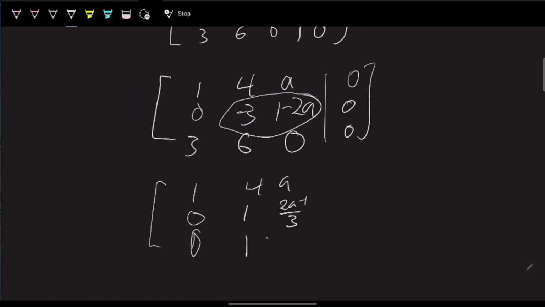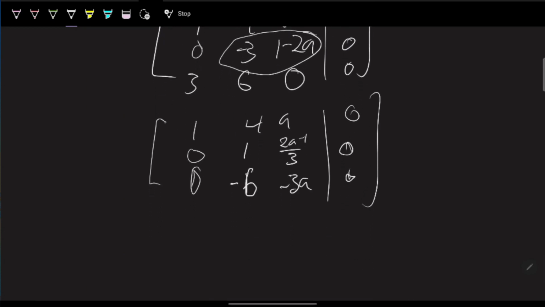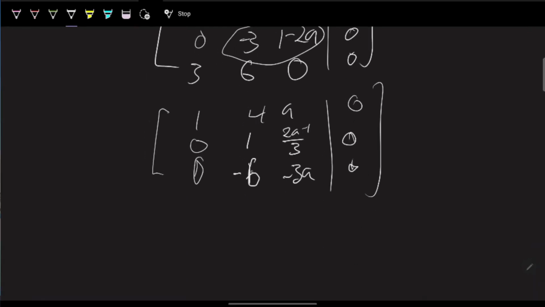And then the last one you said was negative 6, right? And then negative 3a. Okay. And then I'll propagate this just a little further to see what we got here. So we can probably rewrite this.